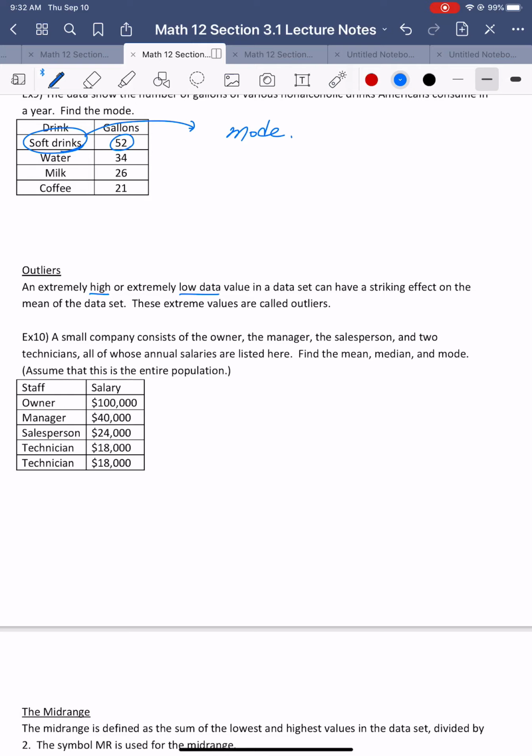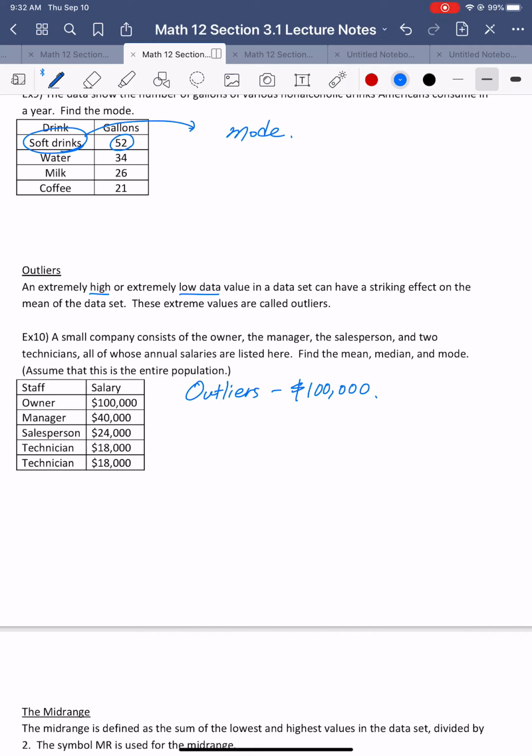When you take a look, do you see the outlier? The owner's salary is 100,000, manager 40,000, salesperson 24,000, technician 18,000, another technician 18,000, right? So yeah, 100,000 is a lot more than the other people, right? So the outlier should be the 100,000.